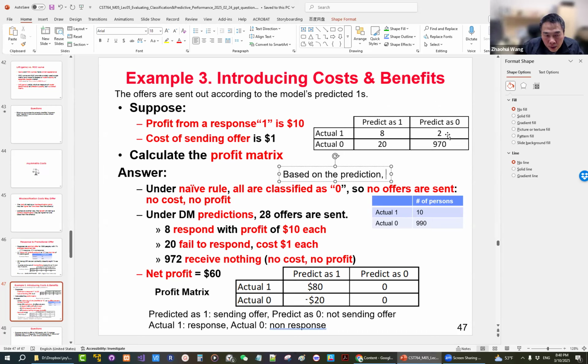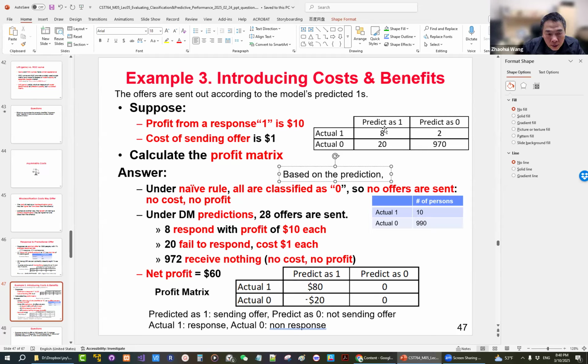For this case, actually they would respond, but we didn't send out the offer. So it's a potential cost, but not a real cost, because we didn't send out the offer, so we don't have the cost here for these two.